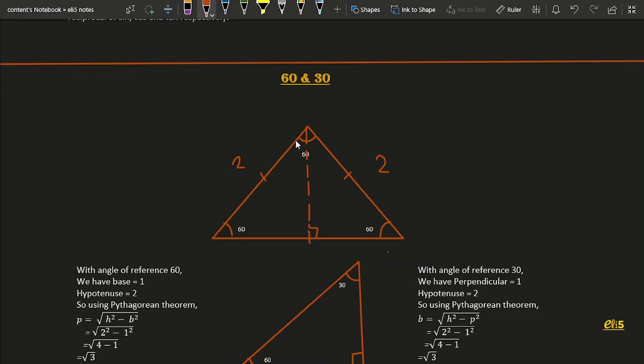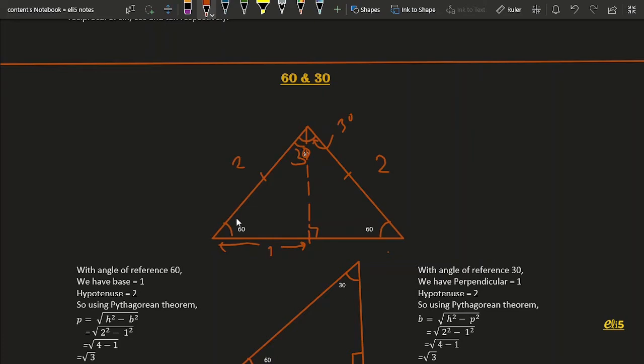What this perpendicular does is that it bisects this 60 degree. So we have 30 degree here and 30 degree here, and the remaining part is also 30 degree. Since this is a bisector, the base is split into two parts.